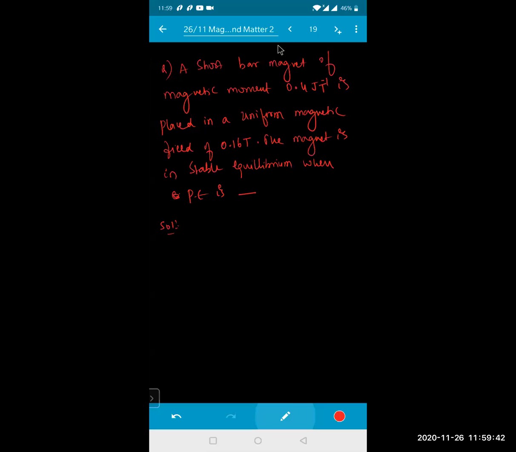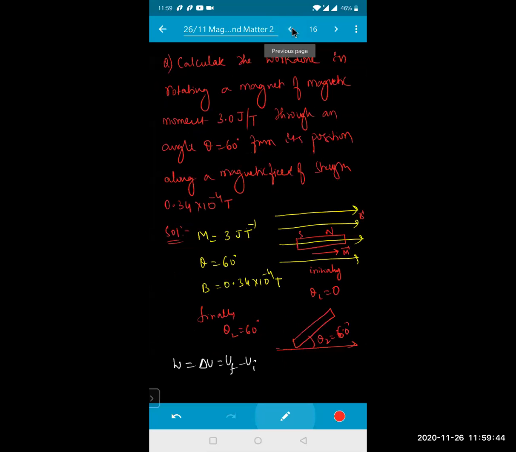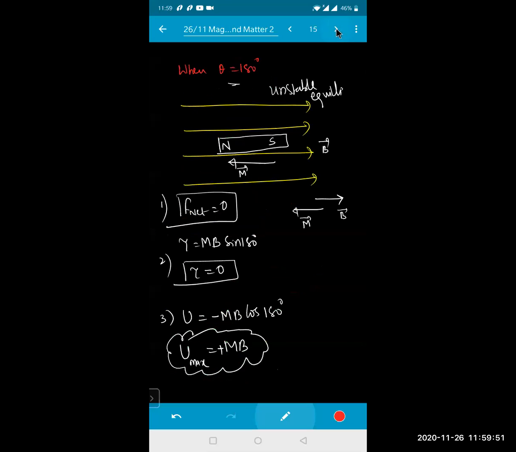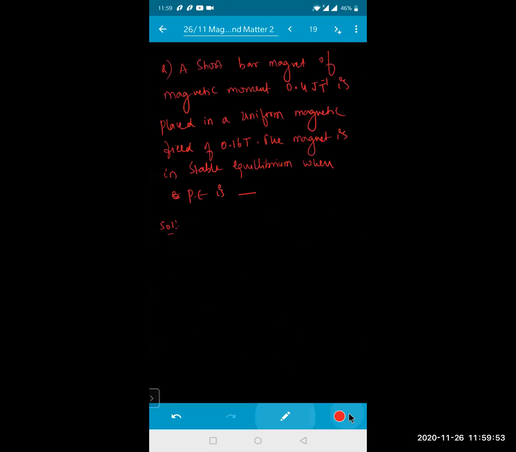Stable equilibrium is when theta is 0 degrees, and unstable is 180 degrees. Now try to do it with the help of that basic. So U is equal to minus MB cos theta. If theta is 0 degrees, U will be minimum, equal to minus MB, and this will be stable equilibrium.